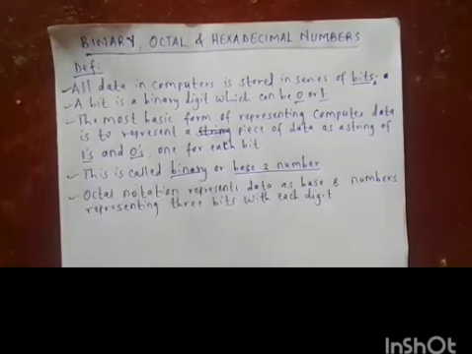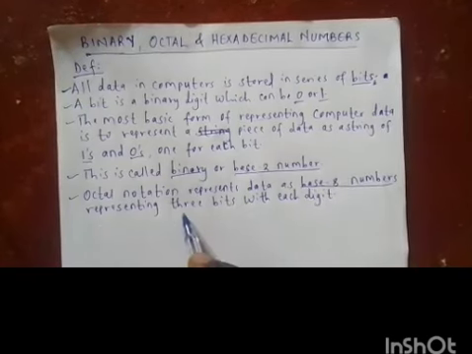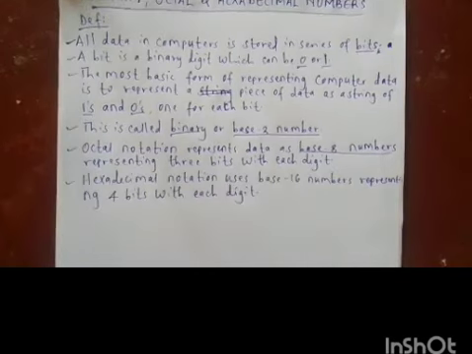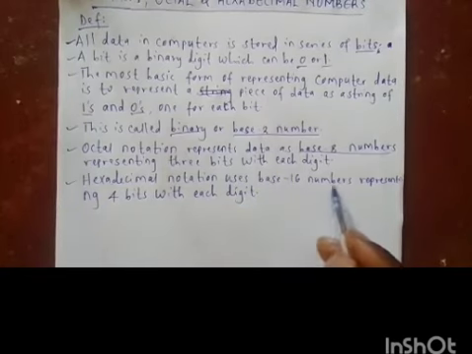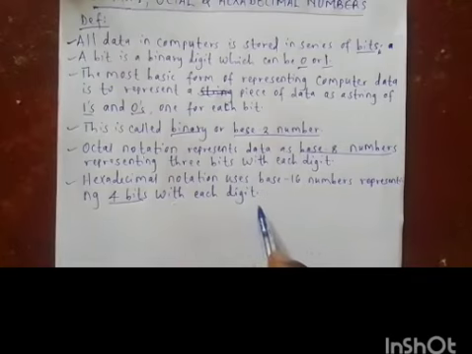Octal notation represents data as base 8 numbers, representing 3 bits with each digit. Hexadecimal notation uses base 16 numbers, representing 4 bits with each digit.